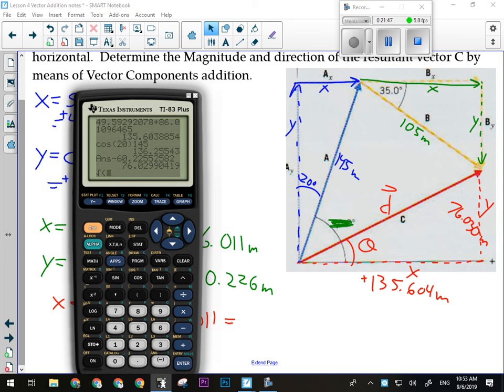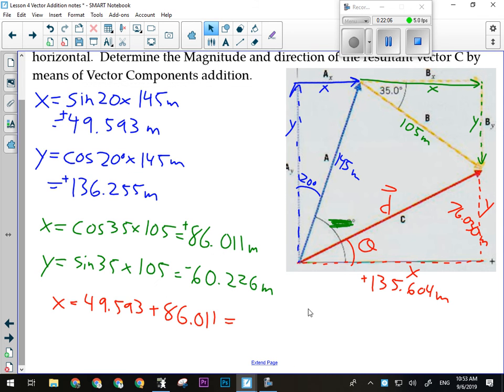So we'll have 136.25543 squared plus our answer from the last one squared, which is the 76.03. So my total displacement's magnitude is 156.03 meters.